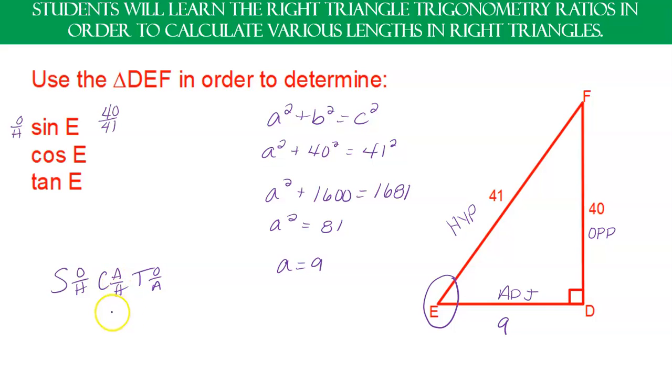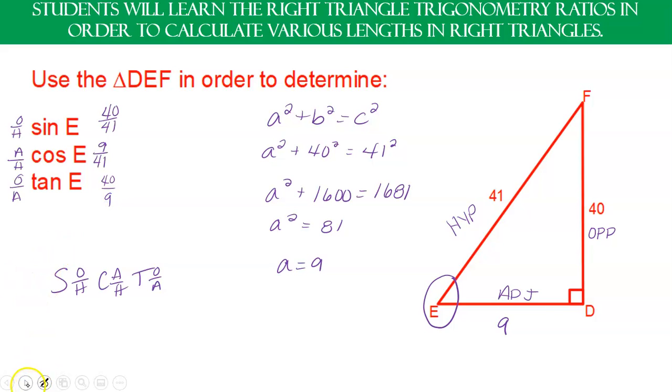The cosine, that's our CAH, or caught another hippie, which would be adjacent divided by hypotenuse. Adjacent is 9, our hypotenuse is 41. And then tangent of E is opposite over adjacent, so that would be 40 over 9.